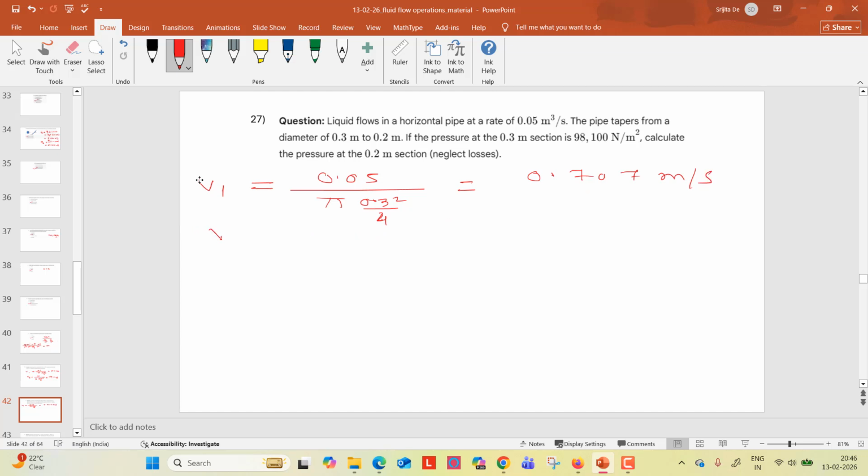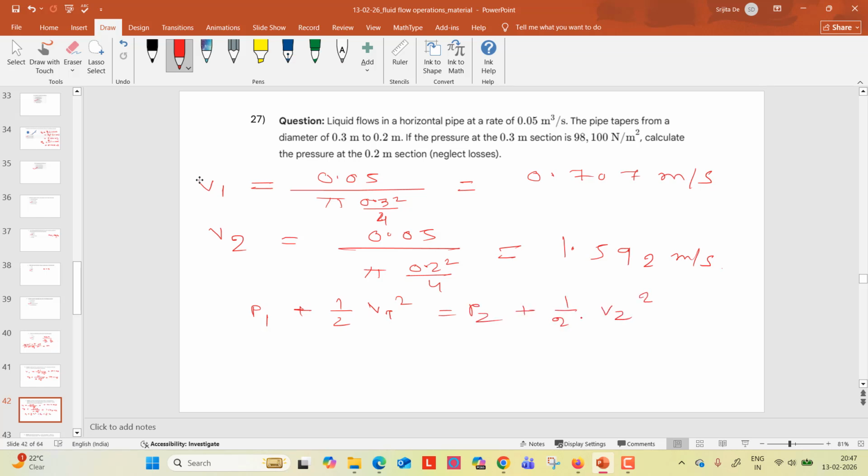V2 is similarly 0.05 by pi into 0.2 square by 4, equals 1.592 meter per second. Now comes the Bernoulli equation. Because it is in the same horizontal pipe, we'll ignore the elevation. So it is P1 plus half rho V1 square equals P2 plus half rho V2 square.